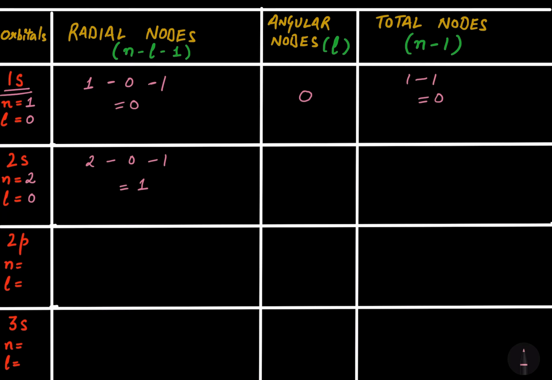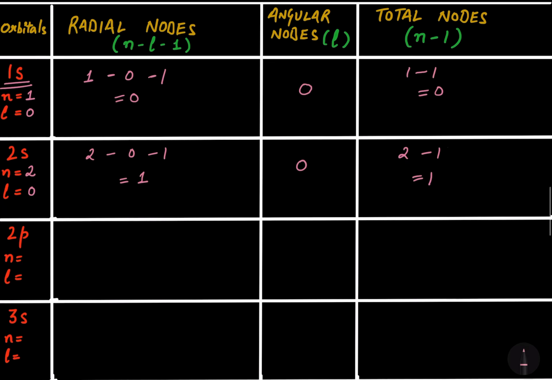So in case of 2s, we are having one radial node between the 1s and the 2s. Now let's calculate the angular nodes. Angular node is equal to the azimuthal quantum number l. For 2s it comes out to be 0. So the total number of nodes will be 1, that's one radial node and 0 angular node. So let's verify it by the formula n minus 1. Here n comes out to be 2, minus 1 comes out to be 1.